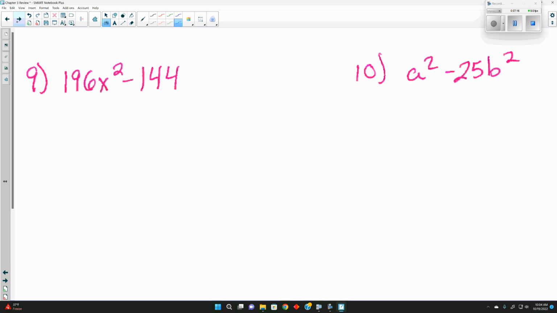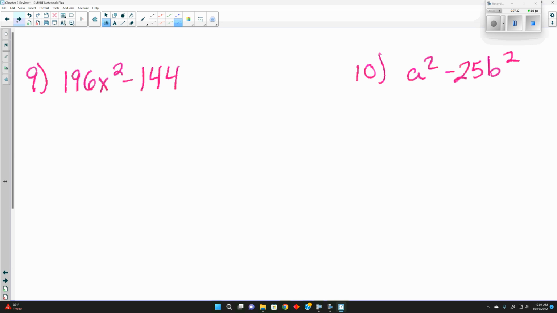Now, 8, 9, and 10 are all similar in that they're all a difference of perfect squares. Whenever we have two terms being subtracted, we need to check to see, is it a difference of perfect squares?